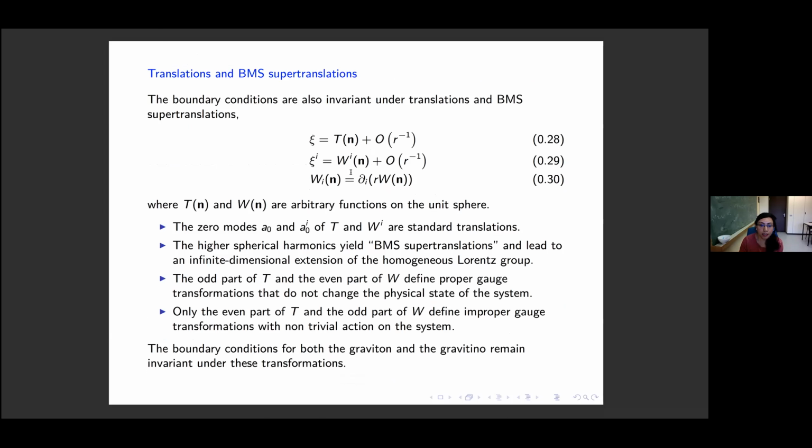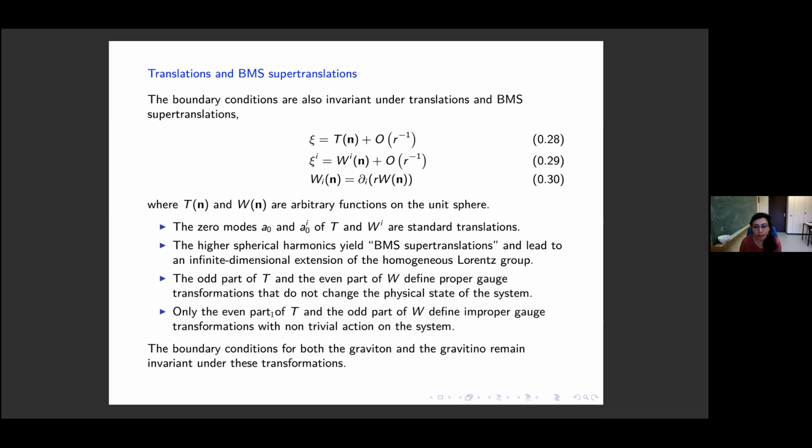Now, this T and W, in general, they are the angle-dependent super translations, but their zero modes are the pure translations, the constants, the angle-independent translations. The higher spherical harmonics yield BMS super translations and lead to an infinite dimensional extension of the homogeneous Lorentz group. Again, these points were discussed by Javier and Sujata yesterday. So T and W, the whole of it, are not improper gauge transformations.